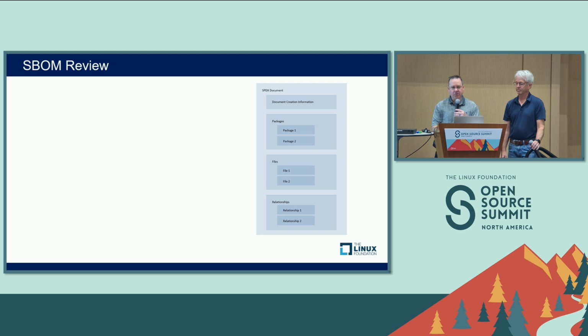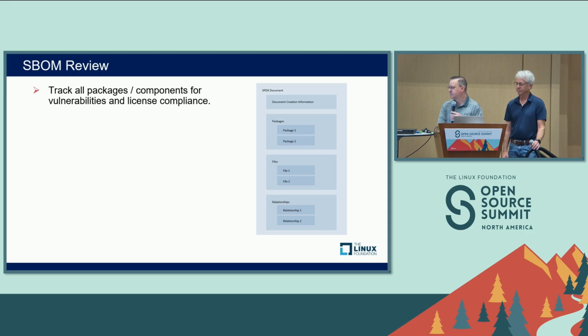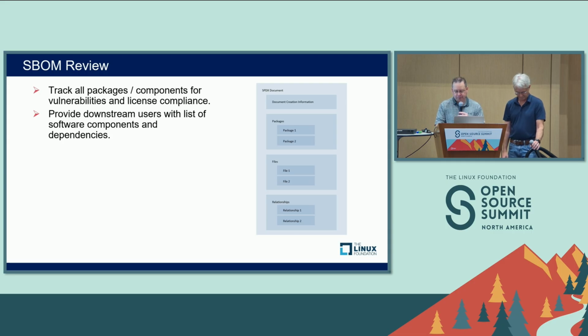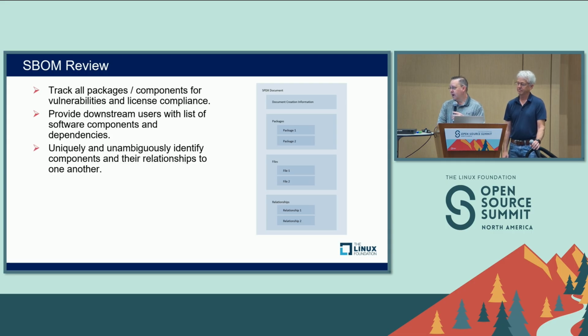Just a quick review of what an SBOM is. We use SPDX. SBOMs are used to track packages and components for vulnerabilities and license compliance, among other things, providing data for downstream users. The good thing about an SBOM is that it uniquely and unambiguously identifies the components and their relationships to one another.